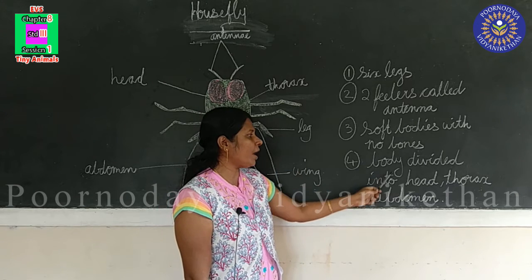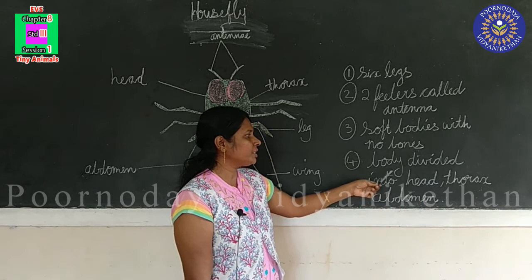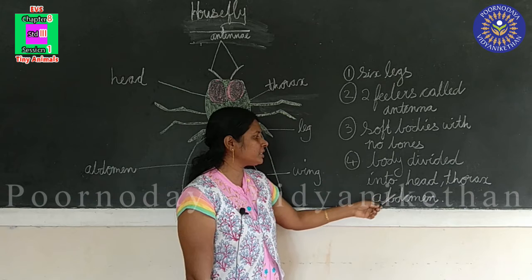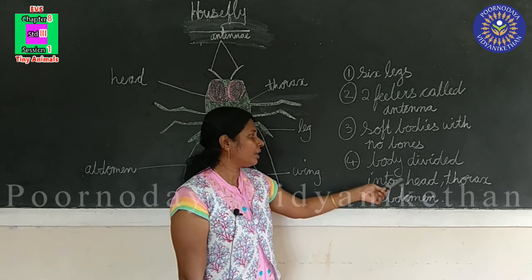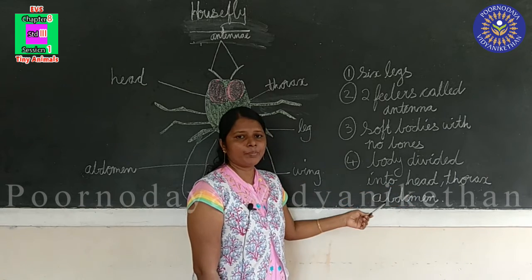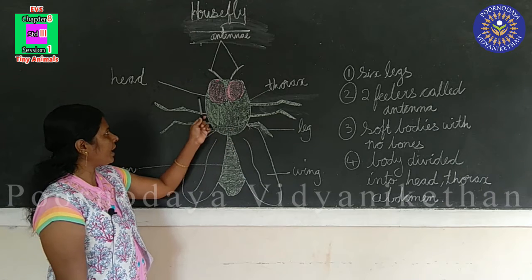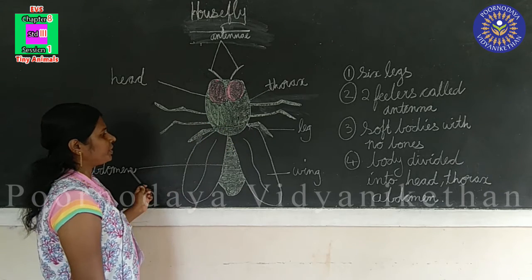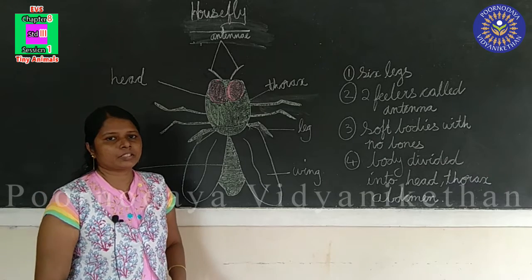And the body is divided into head, thorax, abdomen. Which are the 3 parts of the body? Head, thorax, abdomen. These are the 3 parts of insects.